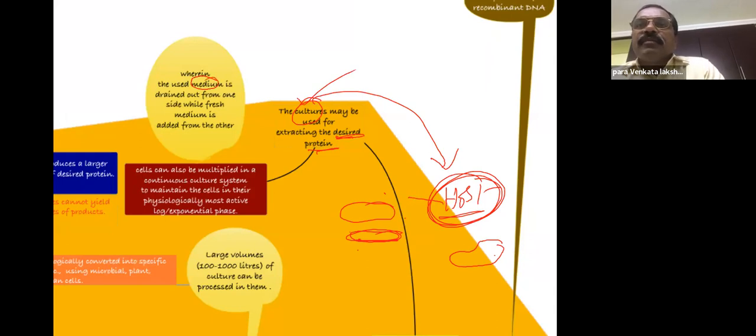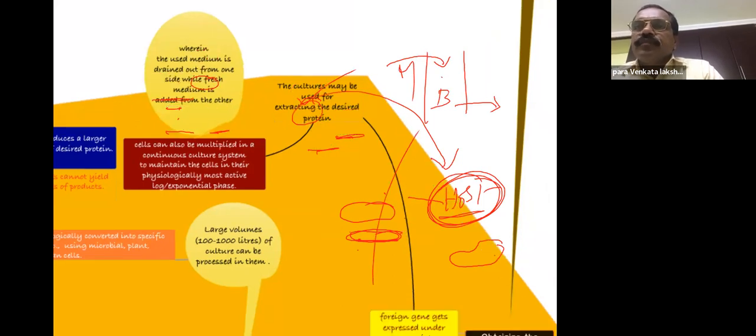This medium must be drained out from one side, and fresh medium should be added from the other side. Suppose this is the reactor, and the medium is given like this and goes out like this. Meanwhile, the bacteria host will utilize this medium, and that is how this bioreactor works.